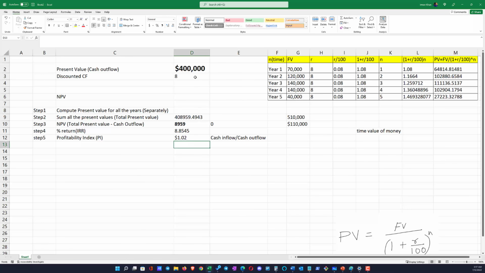So if you're investing $400,000, then 400,000 into this amount, which is same as this one, right? So this is the profit. So you're going to get 1.02 as a profitability index. So profitability index is nothing but you divide your cash inflow by cash outflow and it gives you the number. If this number is greater than 1, then the project is acceptable.